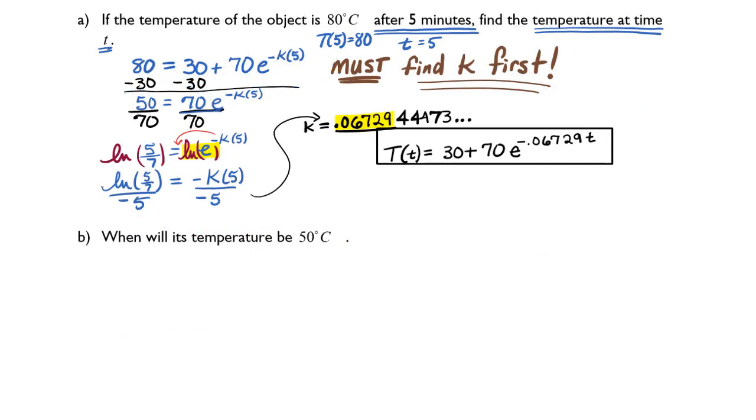The last part of this video asks, when will its temperature be 50 degrees Celsius? Well, if we know the temperature, then we can say the temperature with respect to time is equal to 50, and therefore we have 50 equals 30 plus 70 e raised to the negative 0.06729 times t.